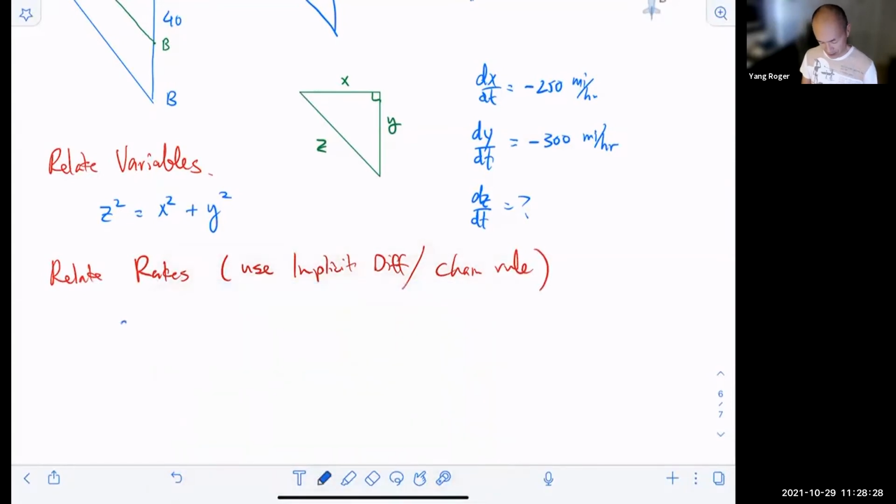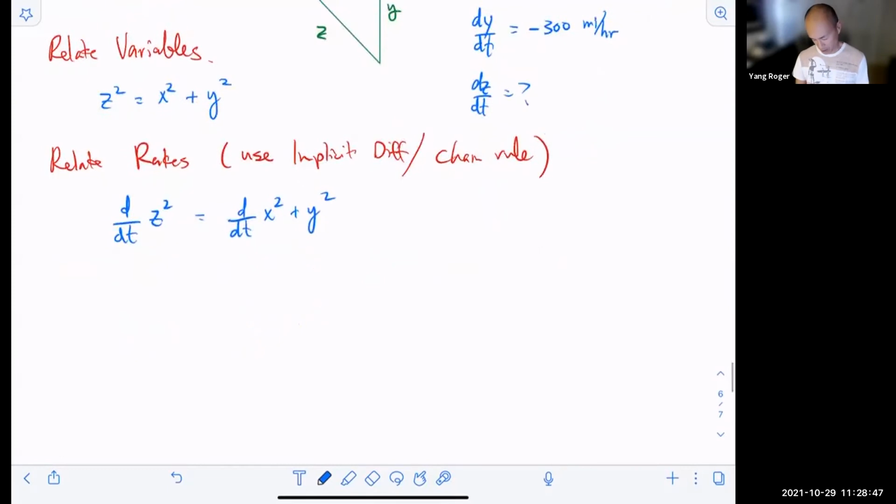So this is going to be taking the derivative of both sides with respect to t. I want to call on someone to help me out here. Michelle, you willing to help me out? What's the derivative of the left-hand side? Any thoughts?